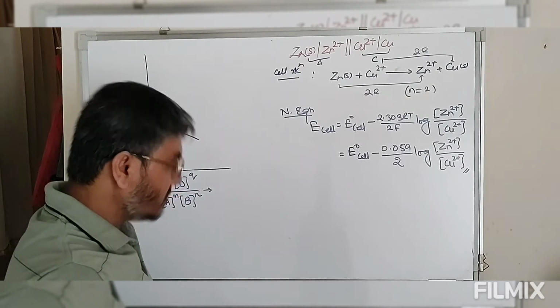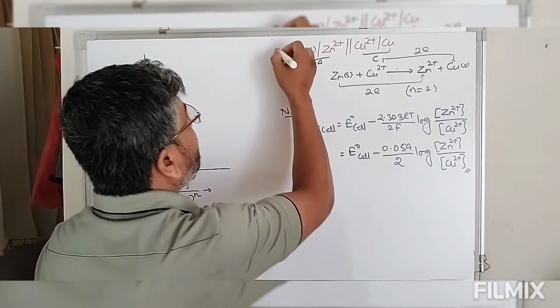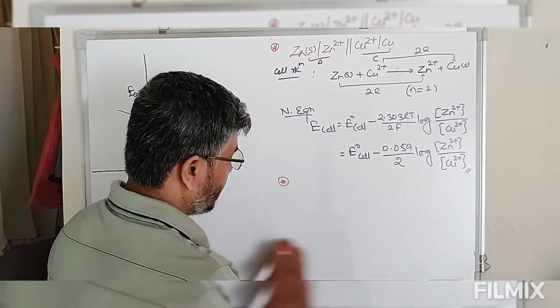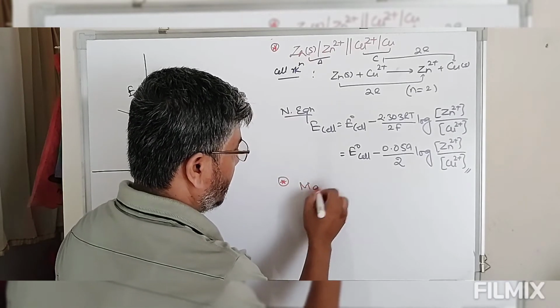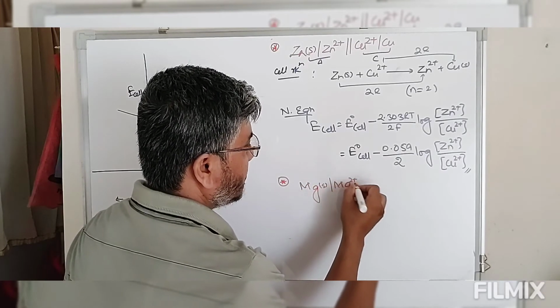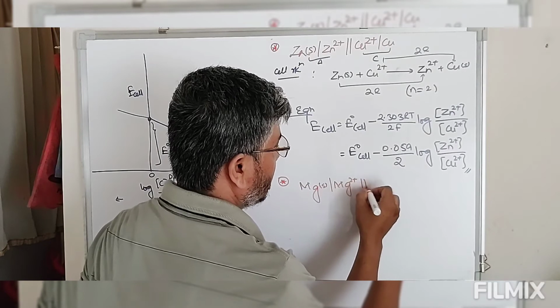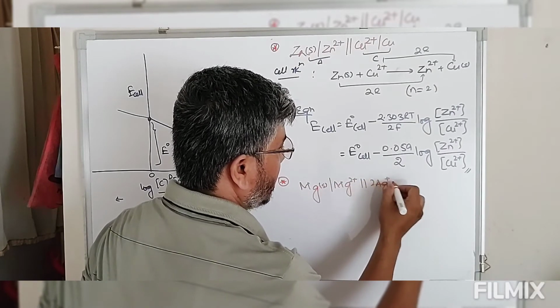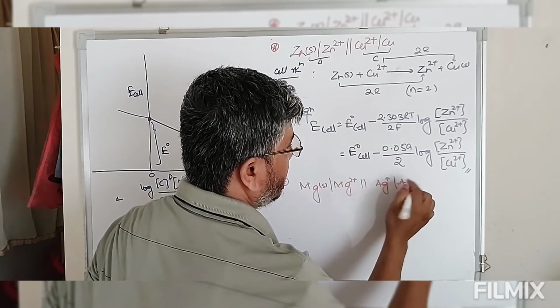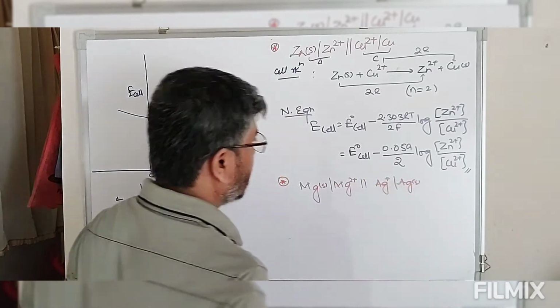Take the second cell that we have just shown earlier. Magnesium solid, magnesium plus 2 in contact with silver ion, silver solid.